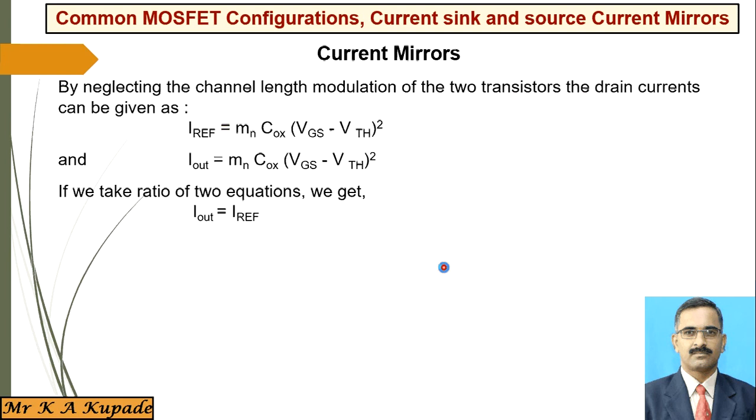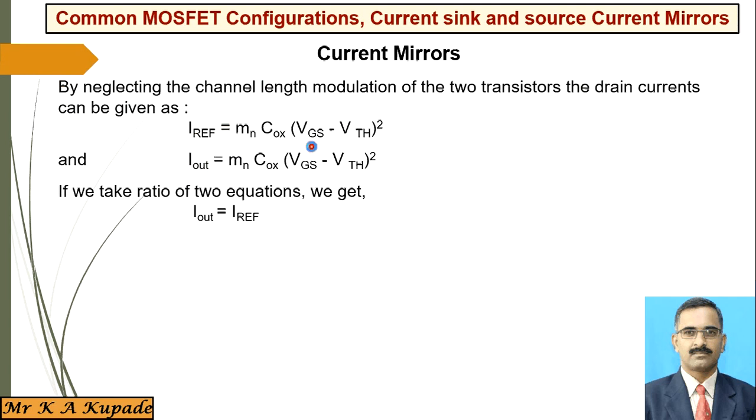Now, neglecting channel length modulation for both transistors, we get this equation for I reference: it is calculated from mu, Cox, the gate to source voltage and the threshold voltage.